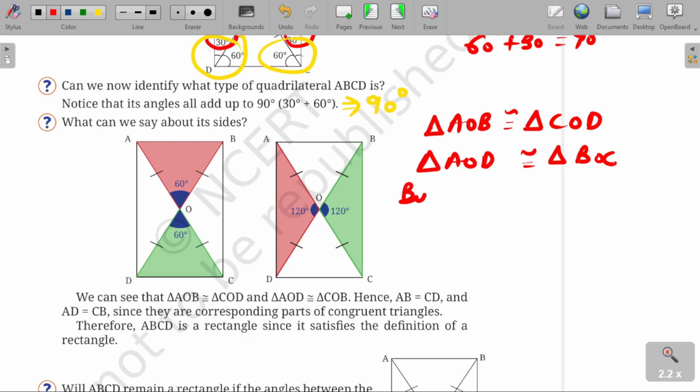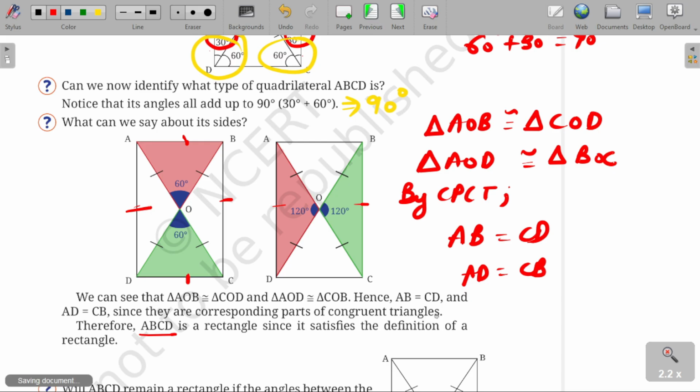By CPCT, corresponding parts of congruent triangles, we can say that AB equals CD, and AD equals BC. This satisfies all the properties of the rectangle as we had seen in the definition: all the angles are 90 degrees and opposite sides are equal. Hence, this is the deduction.